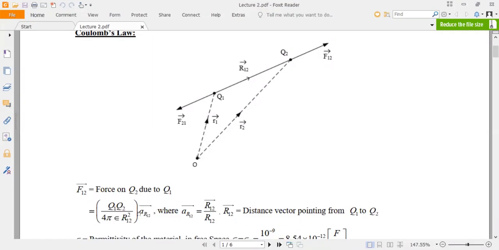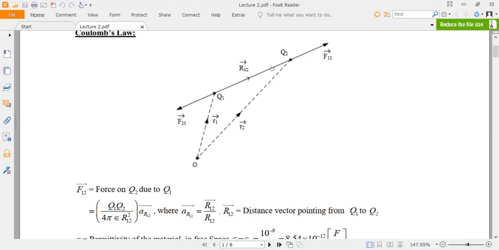Now, what is this a, R12 bar? It is a unit vector. And R12 is the distance vector. These are the position vectors, and this is the distance vector, pointing from the charge Q1 to the charge Q2. So this is its direction, from here to here.